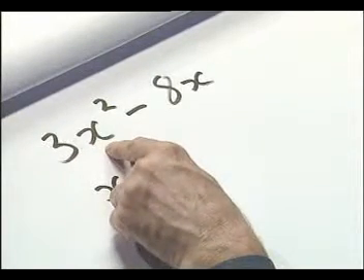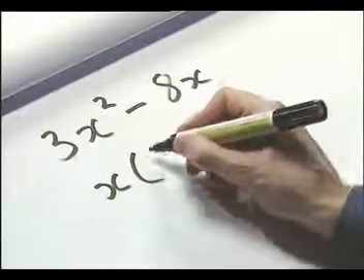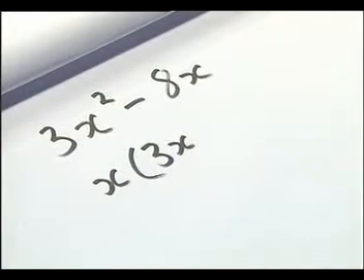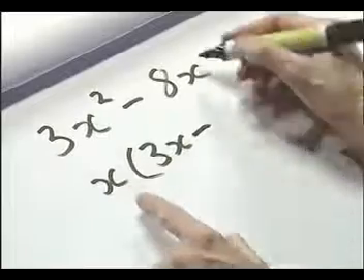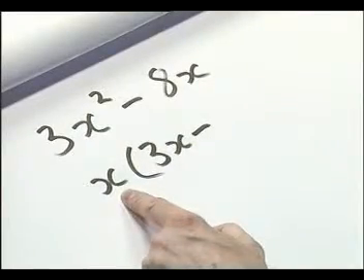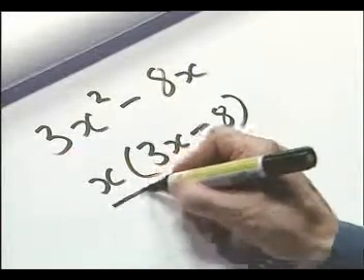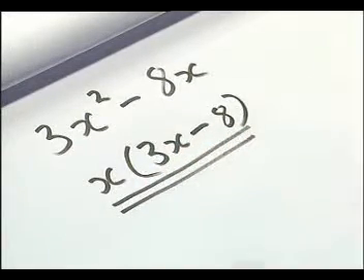We've got 3x squared, so x times by 3x must give us the 3x squared. And then x times by something to give us the minus 8x, well, it's got to be minus 8. And that's all that we need to do. We've broken it down into two brackets, x times by 3x minus 8.